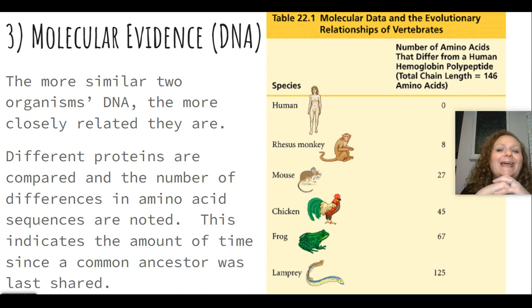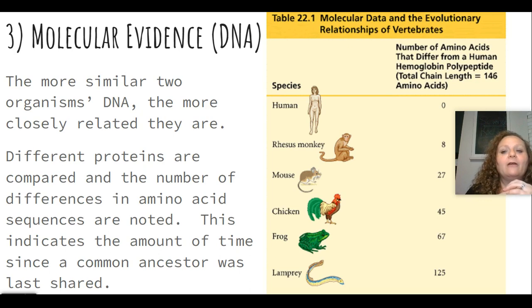Rhesus monkey only has 8 amino acids that are different from the human molecular chain. That's pretty closely related. Mice are only going to have 27 differences. Chickens, we're getting a little further out, 45 differences. Frogs will have 67, and lampreys will have 125.